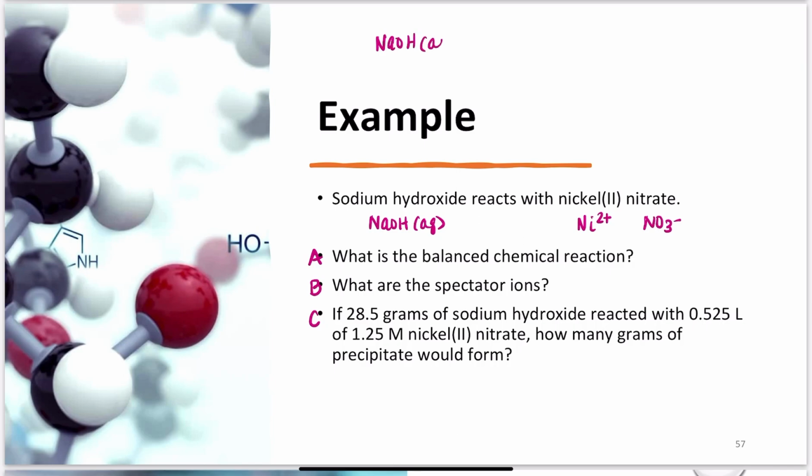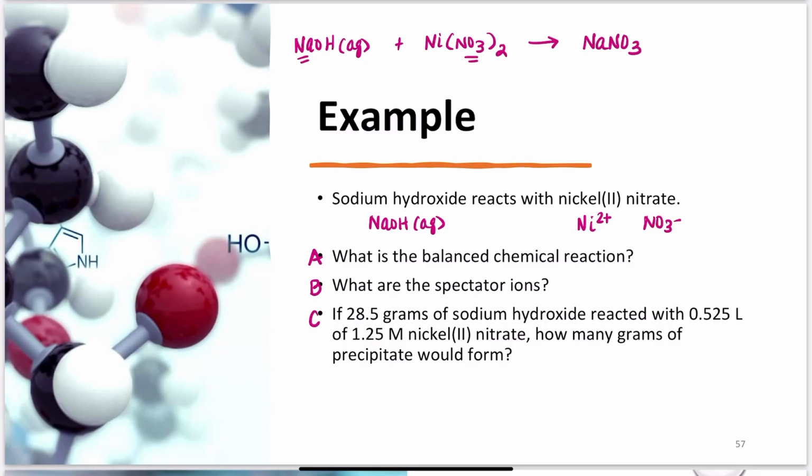So NaOH, aqueous, plus Ni(NO3)2. I need 2 nitrates for every 1 nickel. And then I'm going to swap partners to figure out what's produced. So the sodium is going to go to the nitrate, NaNO3.